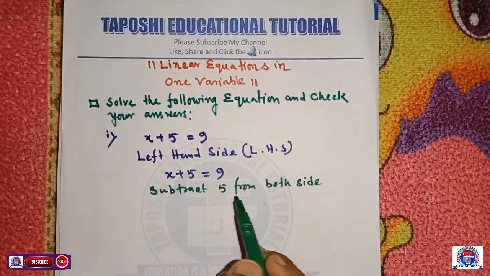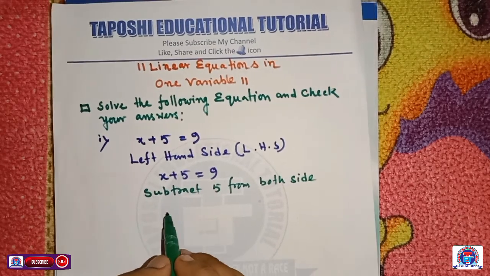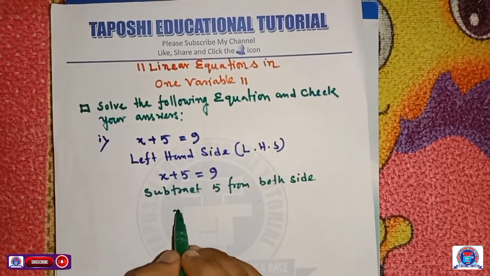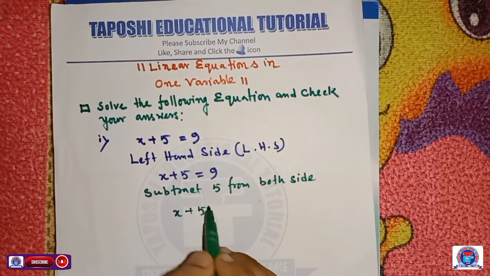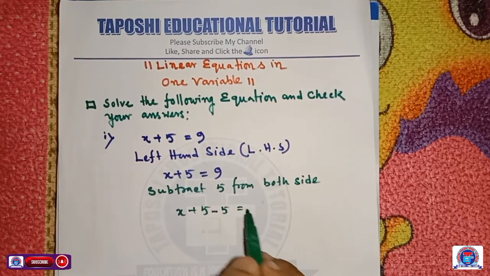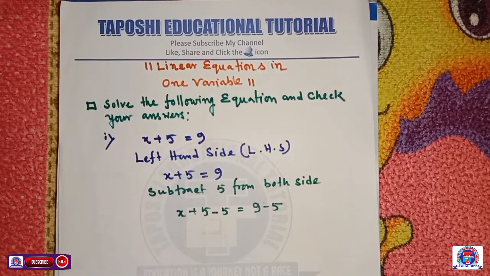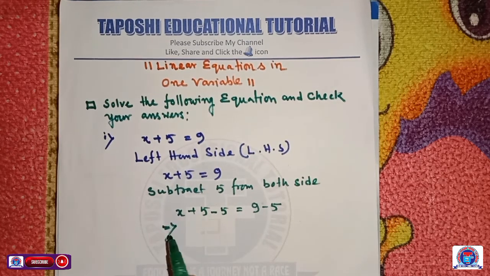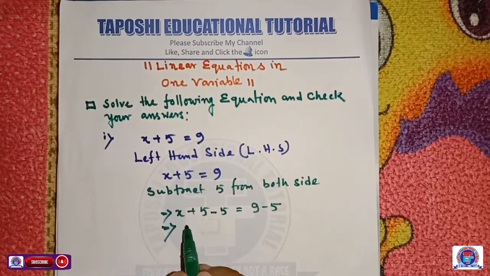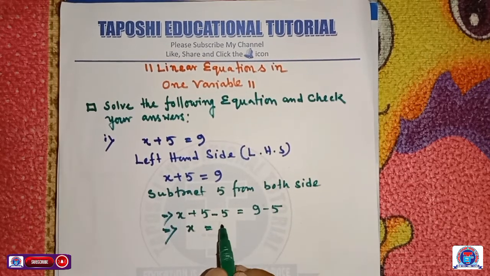So both sides we subtract, so then we write here x plus 5 minus 5 is equal to 9 minus 5, correct. Then it will become x is equal to 4.